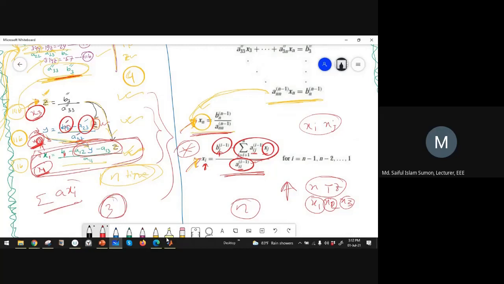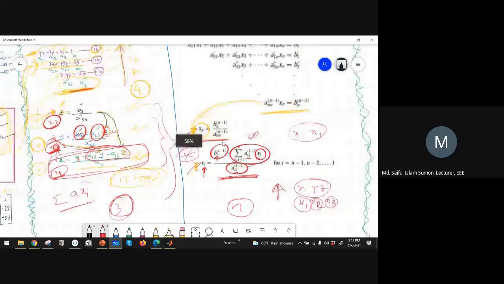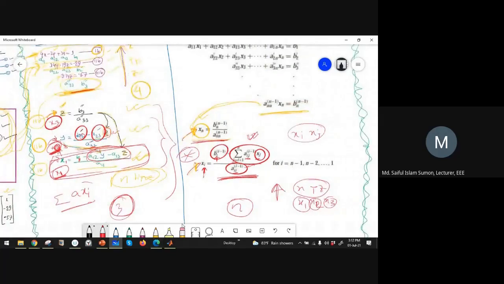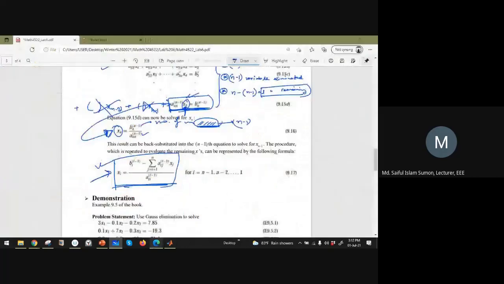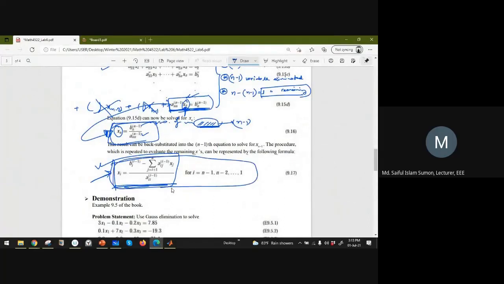You will see that xi will be something like this. So my ultimate target is to get xn and xi, that means all the values of x. So with the help of these two equations, we will be getting all the values of x for n number of variables.